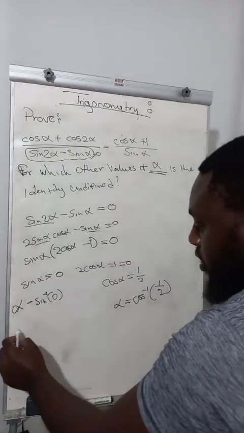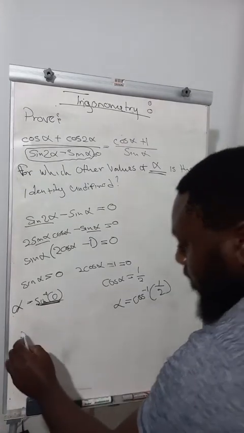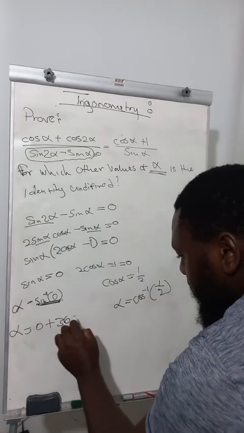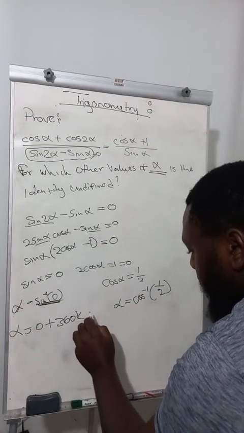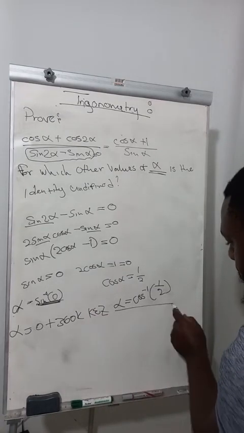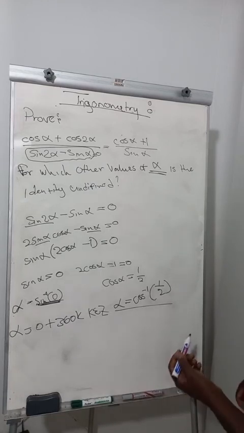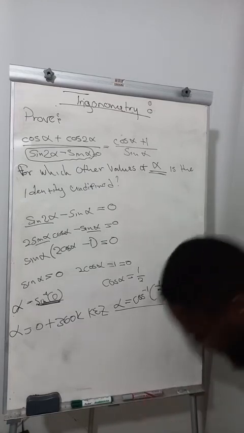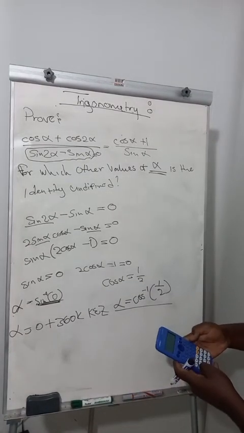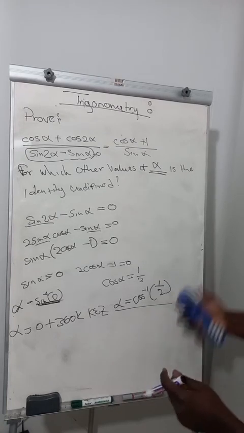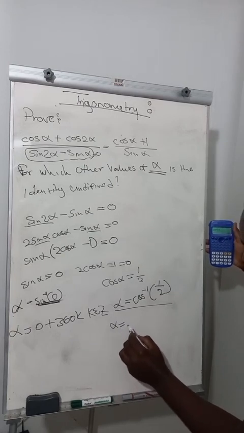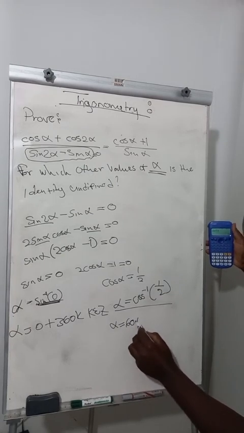So here, alpha is equal to 0 plus 360k, where k is an element of integers. Now let's come here. For this one, your reference angle is going to be inverse cos of 1 over 2. So you have alpha is equal to 60 plus what?